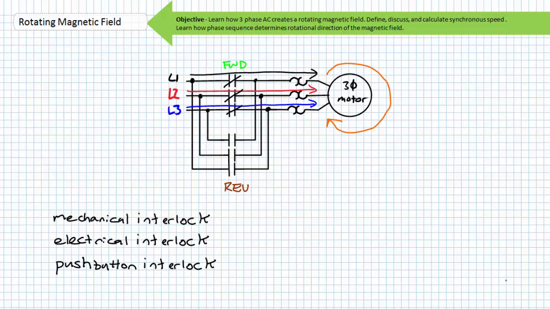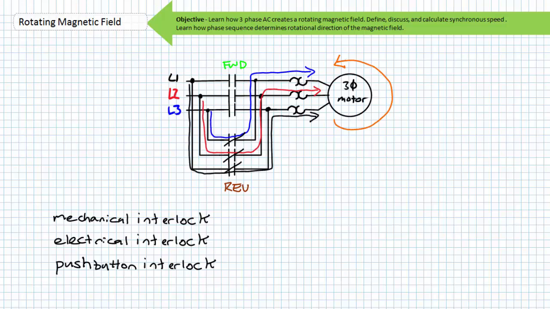When the forward contactor closes, this motor will rotate in the clockwise direction. The other contactor is designated the reverse contactor and respectively connects windings A, B, and C to L3, L2, and L1. When the reverse contactor closes, this motor will rotate in the counterclockwise direction.